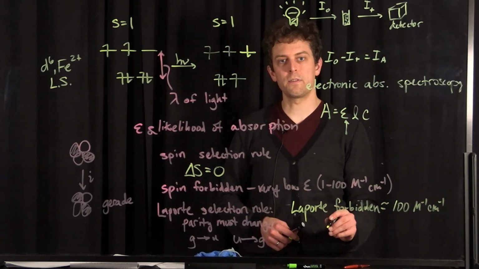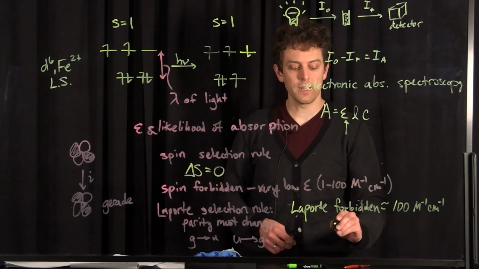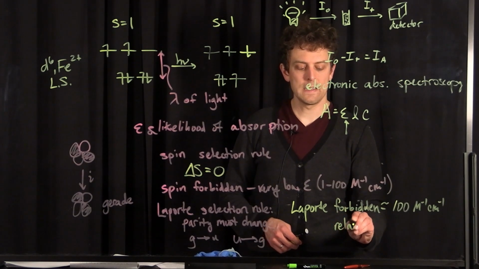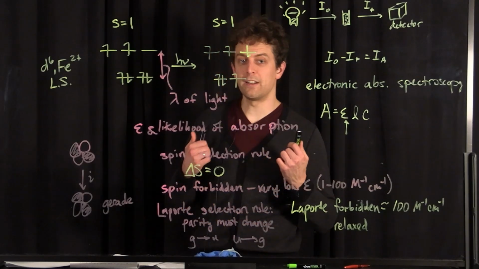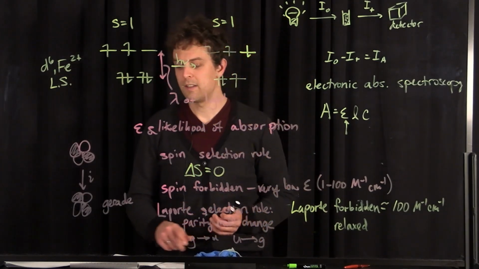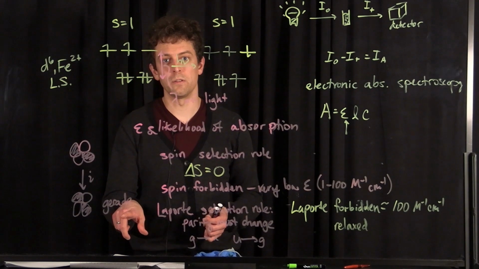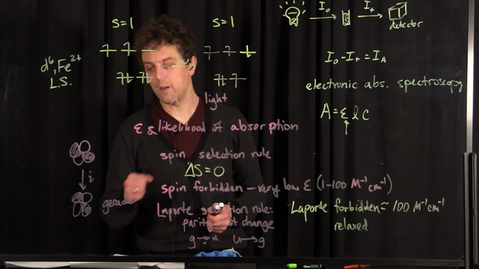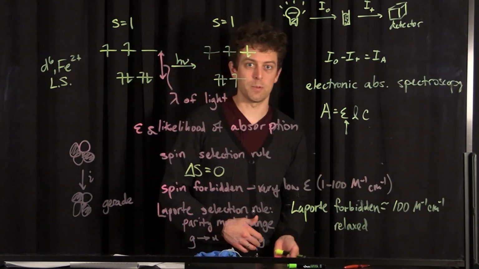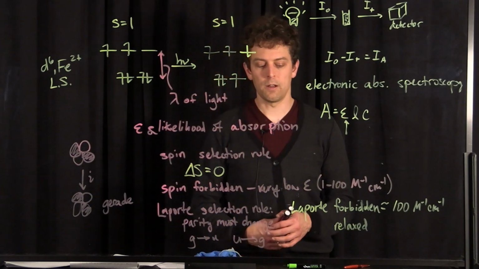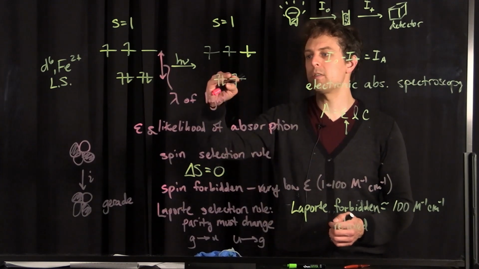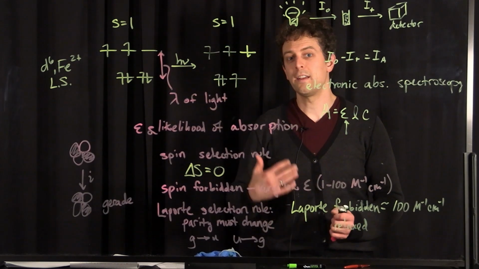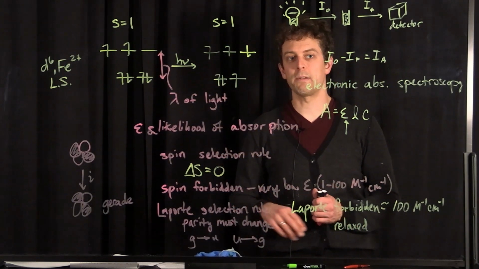We might also have transitions that are Laporte, what we'll call relaxed, because if your molecule is in a point group that does not have an inversion center, we don't assign whether it's gerade or ungerade. And in the same way, we can mix our p orbitals into our d orbitals. It's an orbital mixing effect that allows us to relax this selection rule. And so for something that's doing a d to d transition in, say, a tetrahedral environment, that one's highly relevant here.